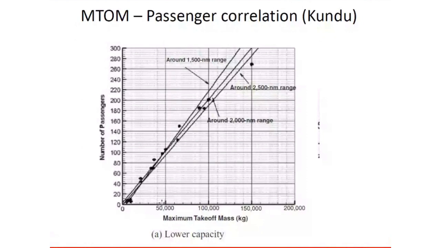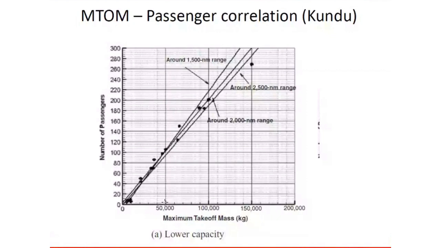Let's say you're looking at a 100 passenger aircraft. Your most likely maximum takeoff mass, if you look at this curve, will be around 50,000 kg. So that's the ballpark. If you have 200 passengers in mind, you are likely to be around 100,000 kg.